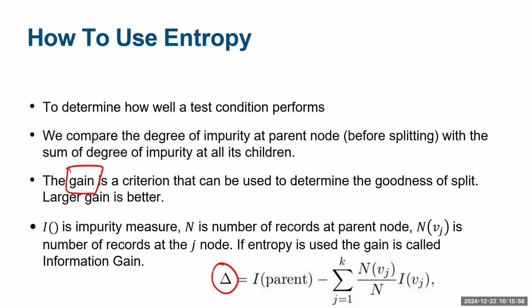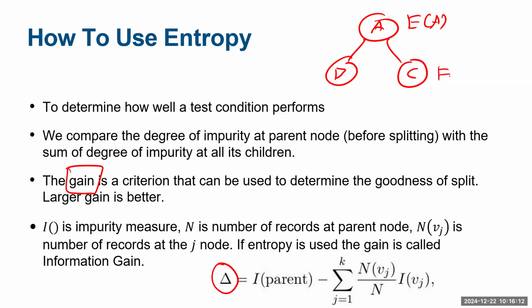So if I have this split, let's say I call the nodes A, B, and C. I compute the entropy of A, the entropy of B, and the entropy of C, and then I plug in.